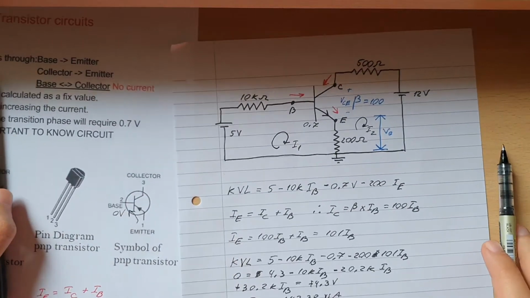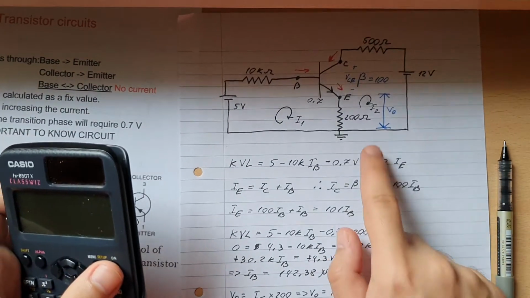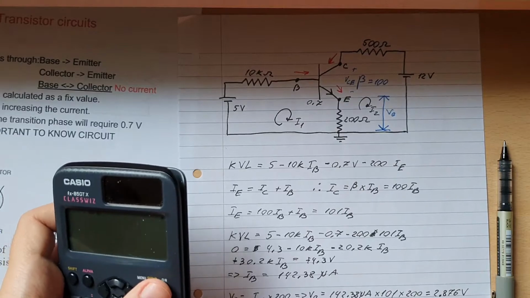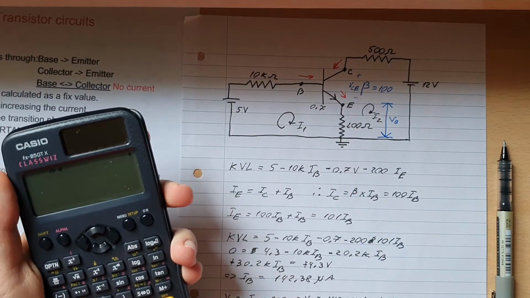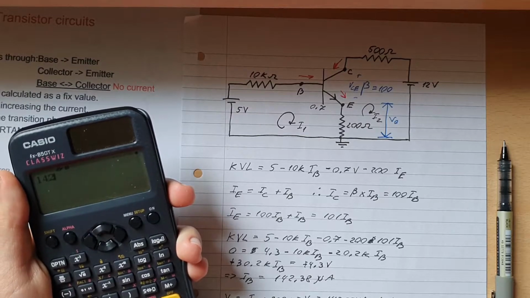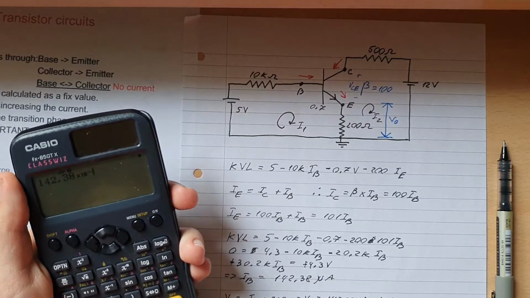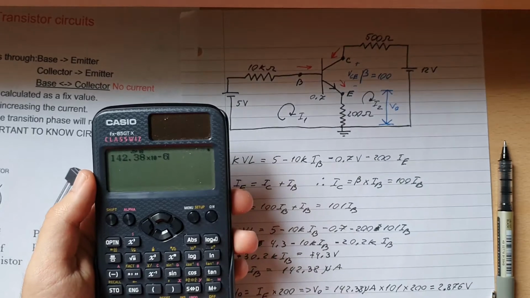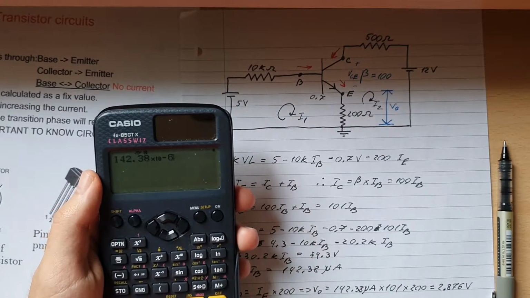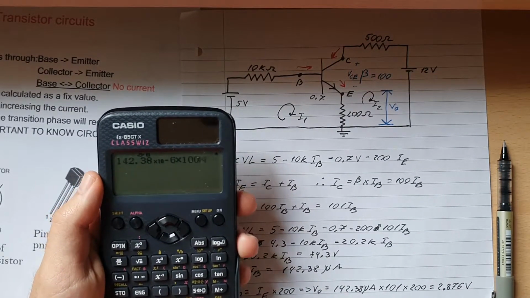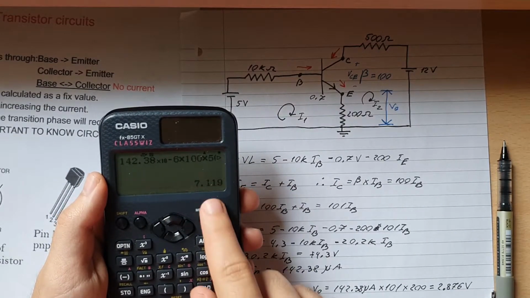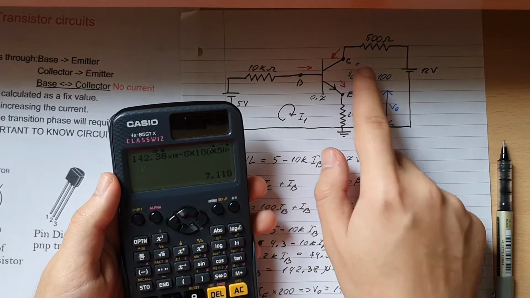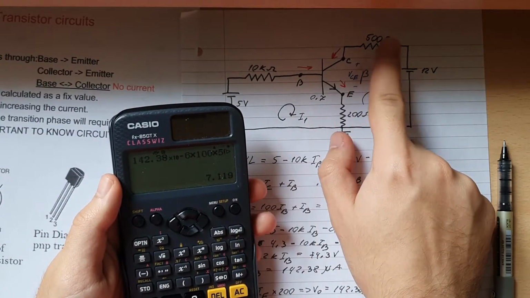And let me check something. So we know the voltage drop at the V out is 2.876. Then theoretically, if I do, let's see here, 142.38 times 10 to the minus 6, we can check this together, and then we multiply by 100, and that will be multiplied by 500. Then we'll get 7.119 volts drop here.